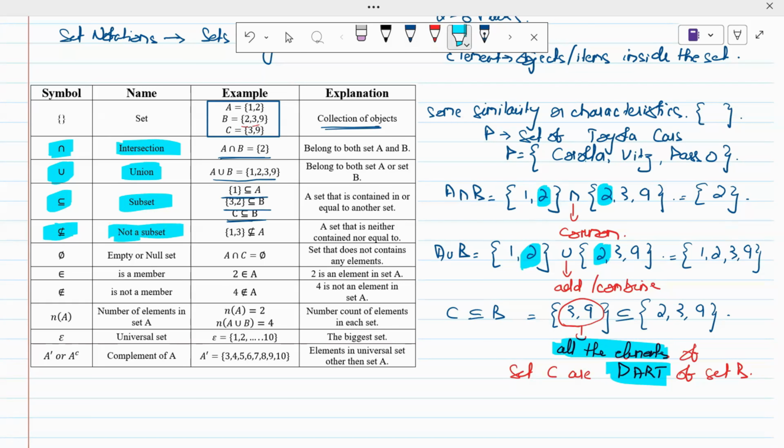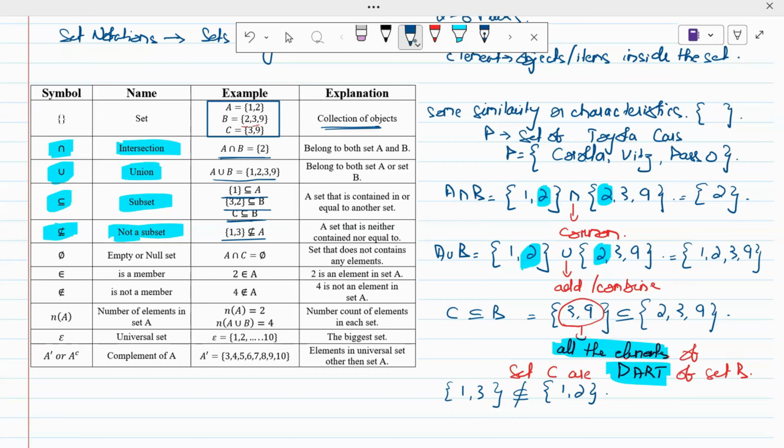So the example I've given is 1 comma 3 is not a subset of A. And yes, you can see that if I write 1 comma 3 and on the other side I'm writing set A is having the elements as 1 and 2. So you can clearly see that it's not a subset of 1 and 2 because all the elements should be there in the second set.